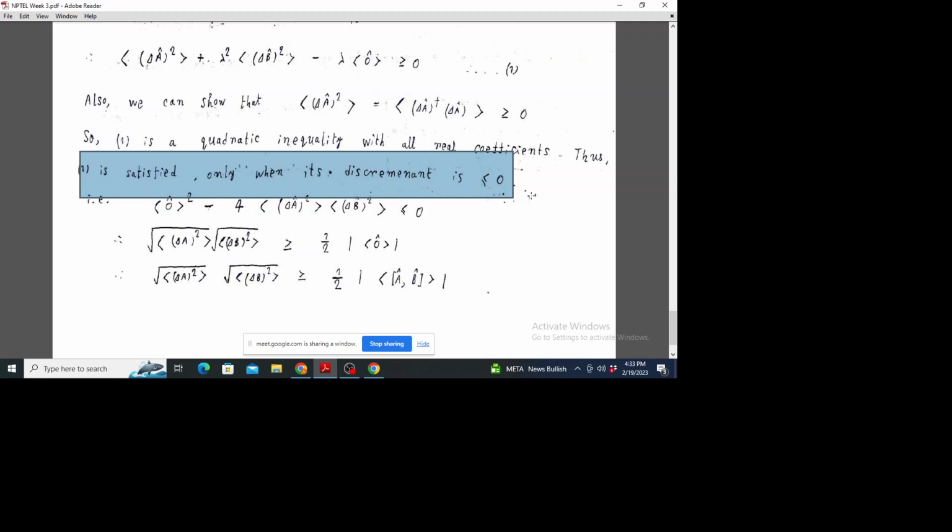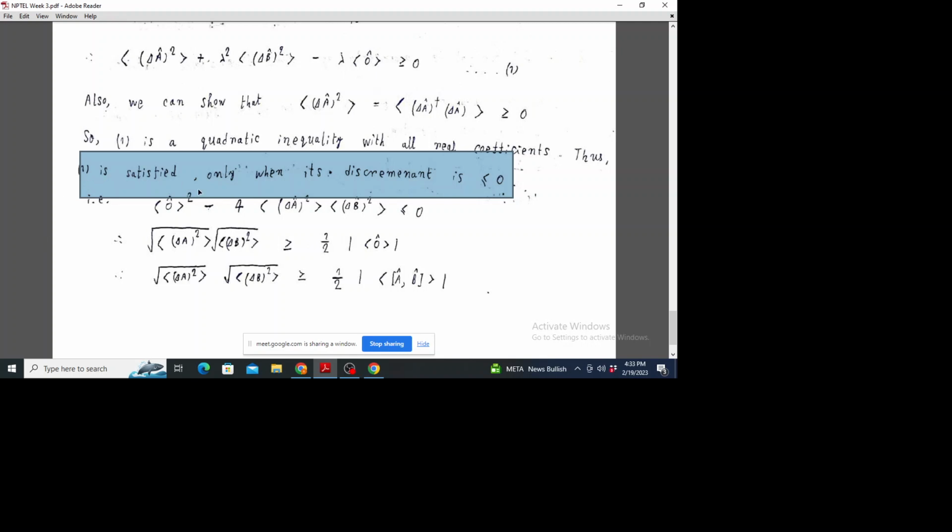There are other conditions, but we do not need to worry about them because we have shown that the coefficient of the quadratic term is positive and the constant term is also positive. So those are automatically satisfied.